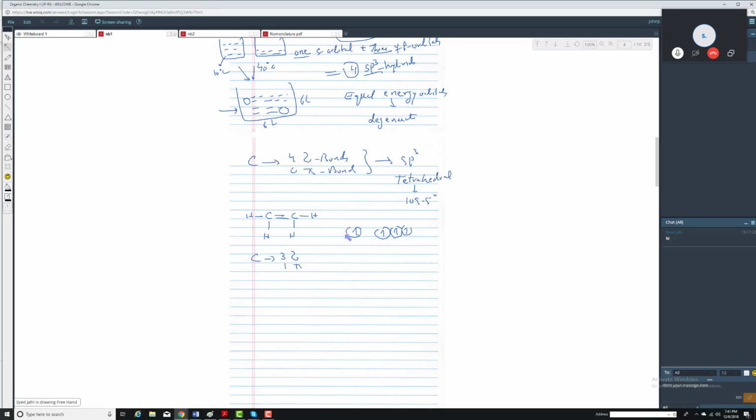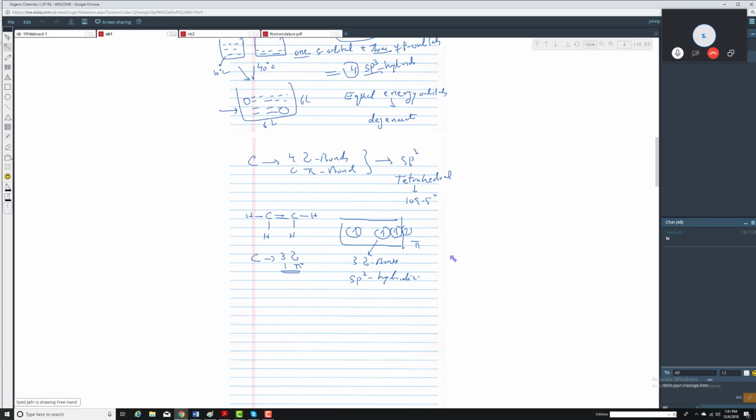How many pi bonds are you making? 1, right? So just exclude the last one, the electron which is involved in the pi bond. Do not include that one in hybridization. Include only the electrons which are going to make sigma bonds. These are going to make 3 sigma bonds. So now the hybridization is sp2. What is the hybridization? Because you are not including the pi one, sp2 hybridization.